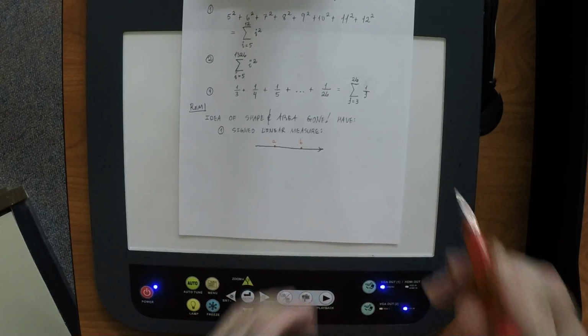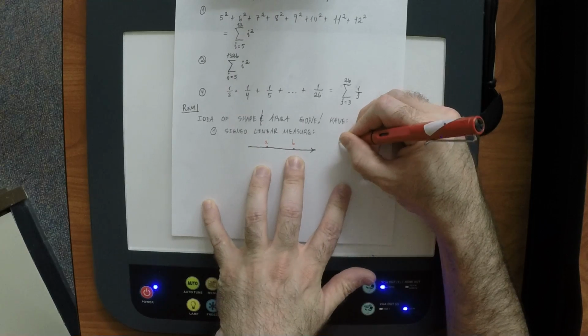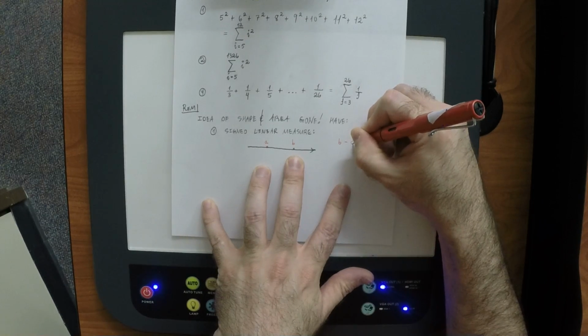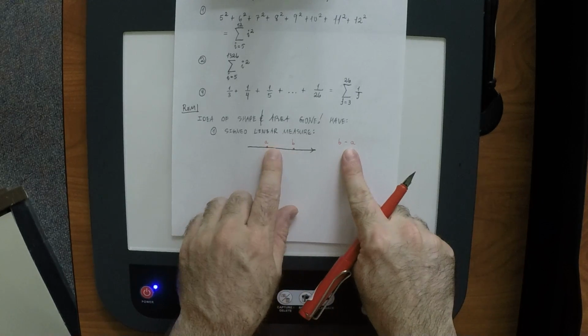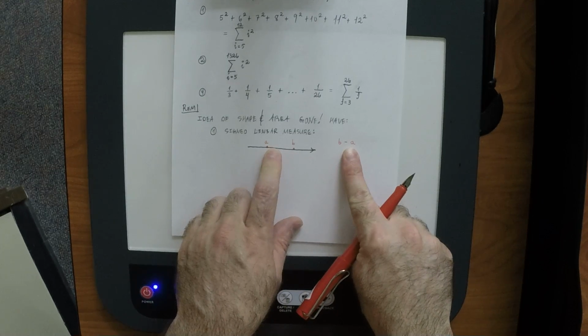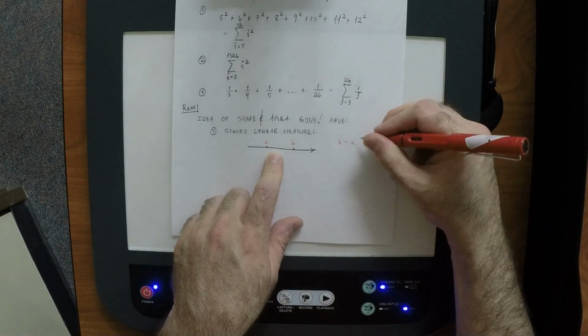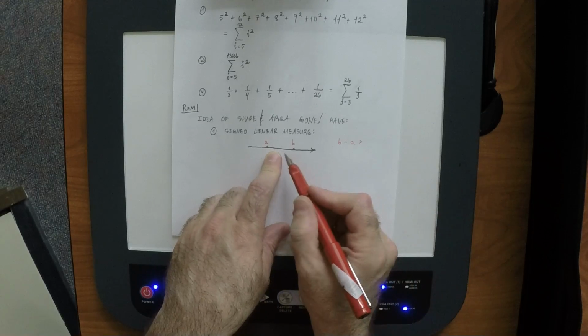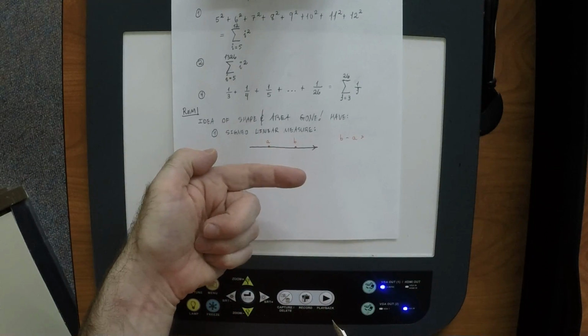And you know, the signed distance from A to B would be B minus A, final minus initial. And this particular quantity for this particular picture, would it be positive or negative? It'd be positive because B is the greater. Or if you like, when you go from A to B, you're traveling with the current.